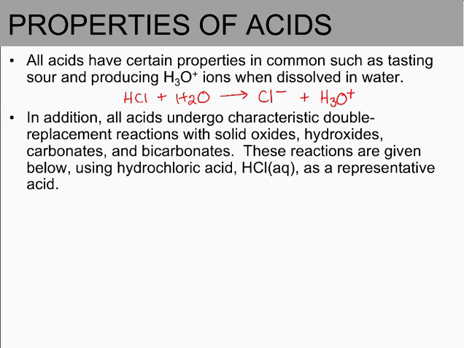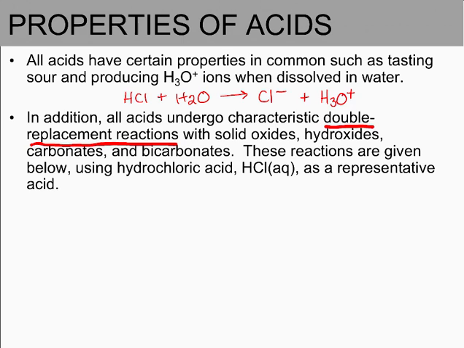In addition to that type of reaction, all acids undergo characteristic double replacement reactions. Remember from before, in double replacement reactions, we have two items that are switching places. This can occur between an acid and solid oxides, hydroxides, carbonates, and bicarbonates.